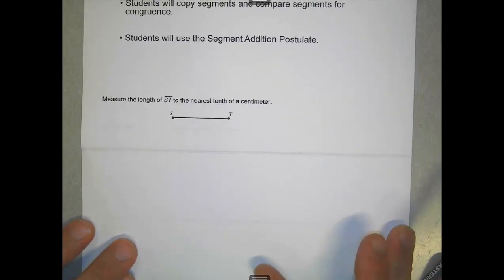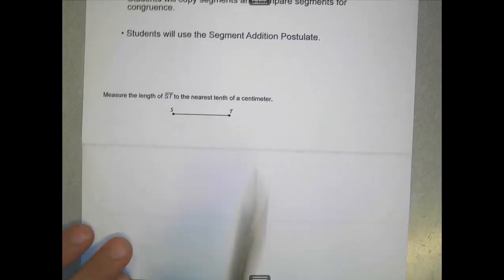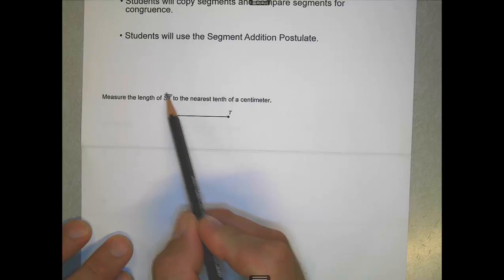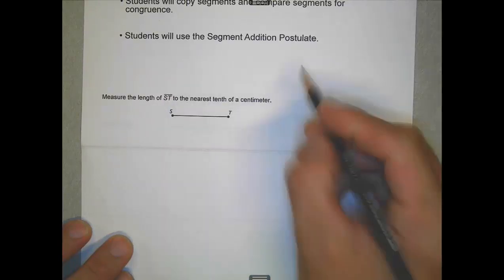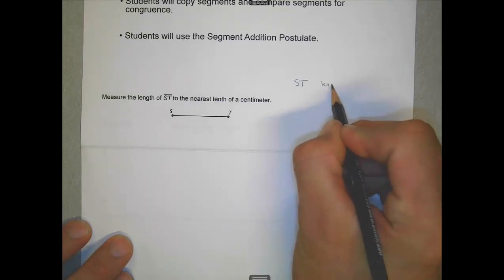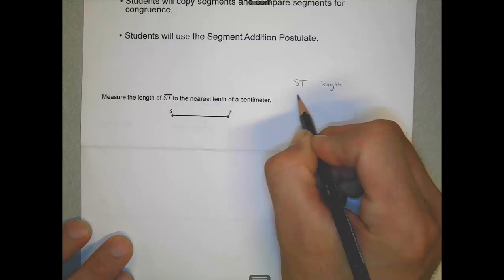All right, so the first step is to measure the length of a line segment. Once again, this symbol over the top here, just the line with no arrows on it, means line segment. Just to review, ST means the length from S to T, or the distance.